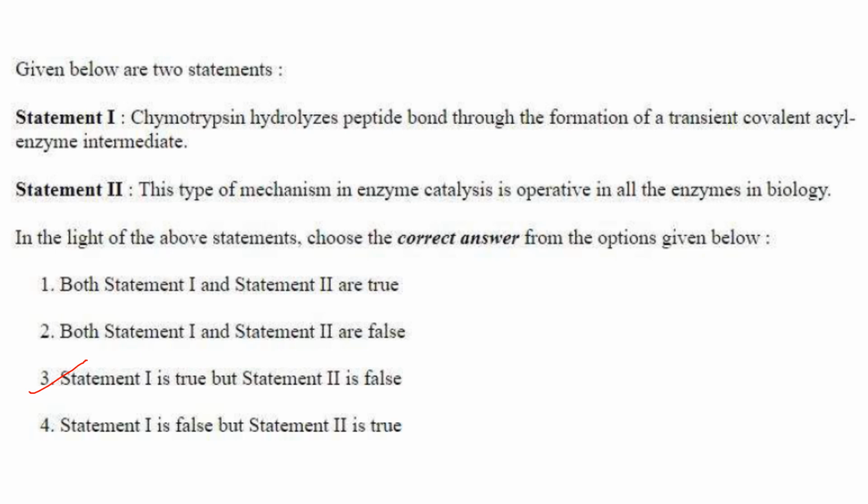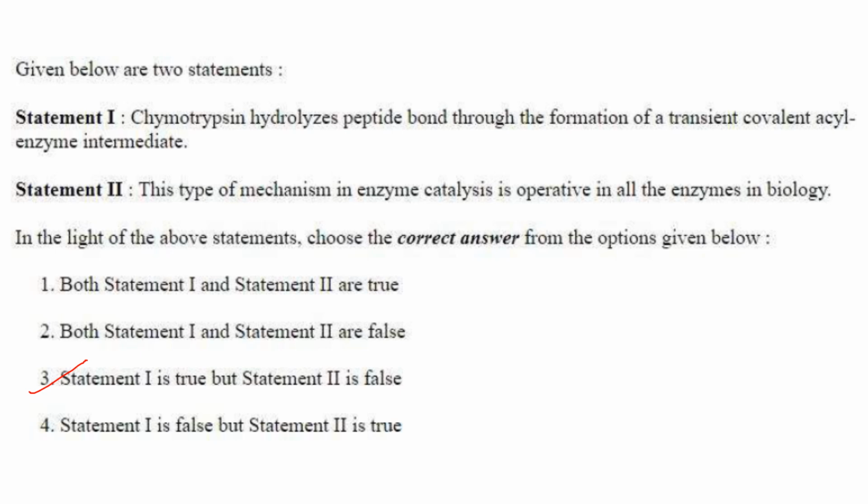Then next one. Chymotrypsin hydrolyzes peptide bond through formation of a transient covalent acyl enzyme intermediate. That's correct. This type of mechanism in enzyme catalysis is operative in all enzymes in the biology. That is not correct because different enzymes use different mechanisms to obtain catalysis. That is lysozyme, they use acid-base catalysis.